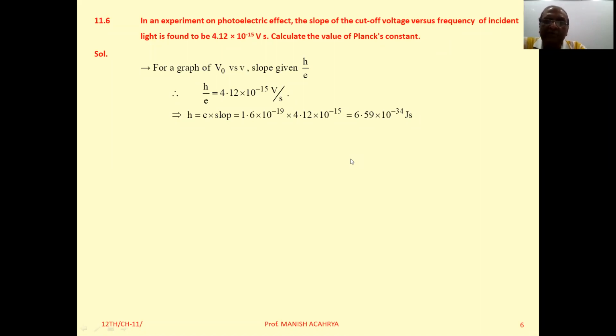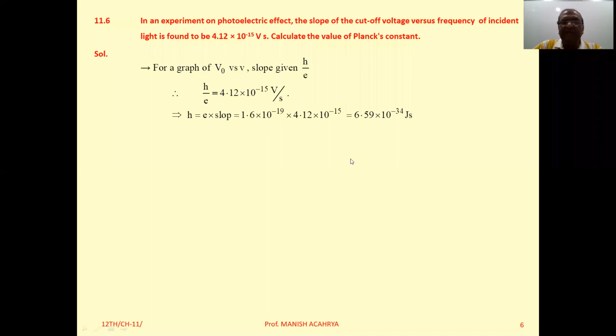Now calculate the value of Planck's constant. We know this in theory: the slope of the graph of stopping potential versus frequency is h by e.